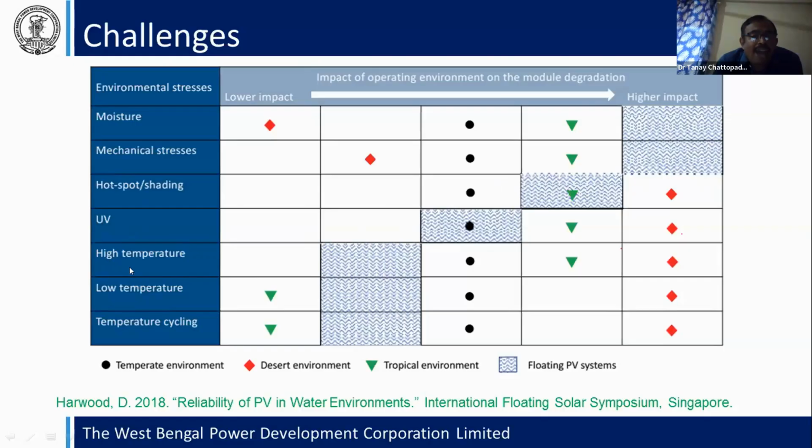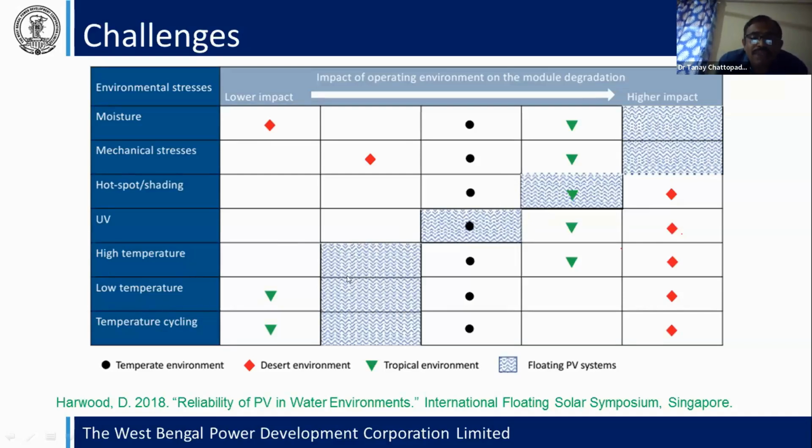Okay, and for the UV, we use protection, not at the module, but at the plastic we use, that is the floater. We use HDPE material, which is also UV resistant. It is tested in the laboratory, and spectroscopy is done on the material to detect it. And high temperature is a low impact, because it is placed near the water, so the temperature of the panel is reduced.